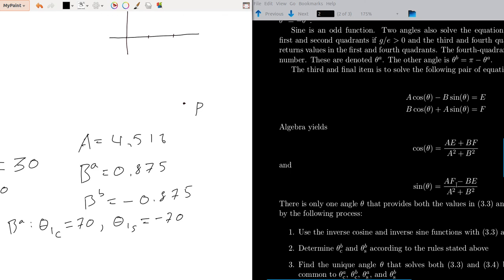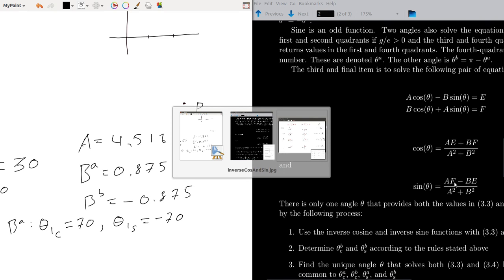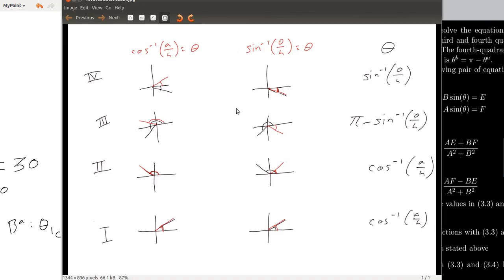Then we'll refer back to what we looked at a couple videos ago. Inverse cosine has given us 70 degrees, which is in the first quadrant, and inverse sine has given us minus 70 degrees, which is in the fourth quadrant. So for a case where inverse cosine is in the first and inverse sine is in the fourth, we know that the actual angle is in the fourth quadrant.